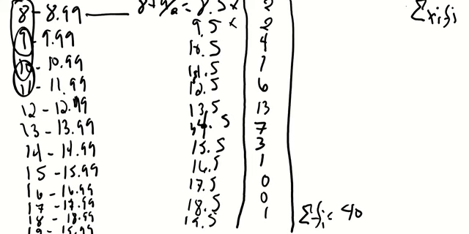So for the first one it is 2 times 8.5, which gives you 17. And the next is 2 times 9.5, which gives you 19. So if you get the gist of it, 4 times 10.5, which gives you 42.